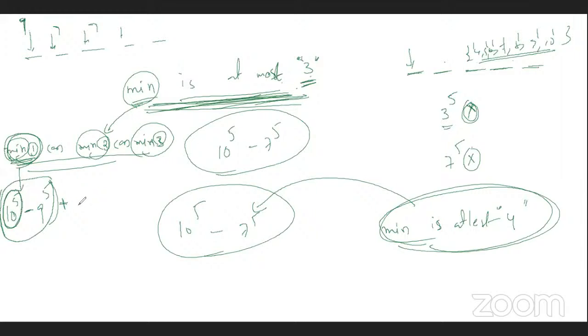Our required event can occur like minimum 1, minimum 2 or minimum 3. And the minimum 1 possibilities I counted. Minimum 2 we should count. Minimum 3 we should count. So it means our required event can happen in any one of these 3. Is it right? Yes, sir.